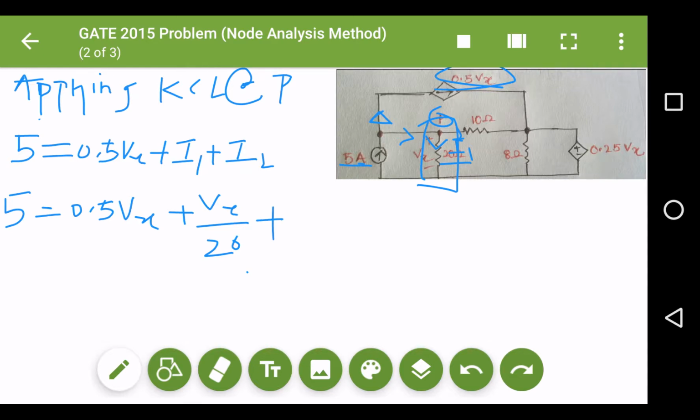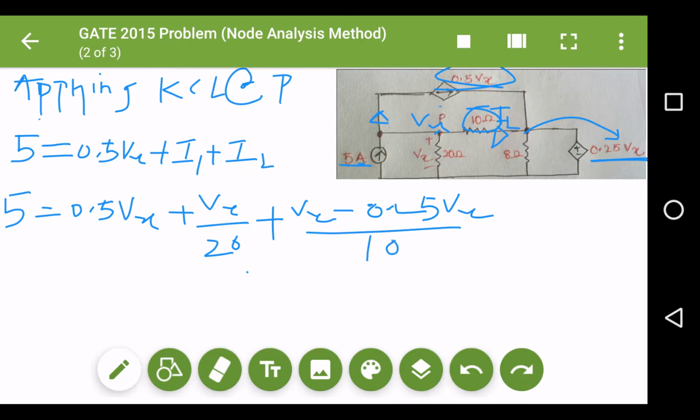Similarly, the current flowing in this other branch, we know that the voltage at one point is 0.25 Vx and at this point it is Vx. So the current flowing in this branch, I2, is nothing but Vx minus 0.25 Vx upon 10 ohms.